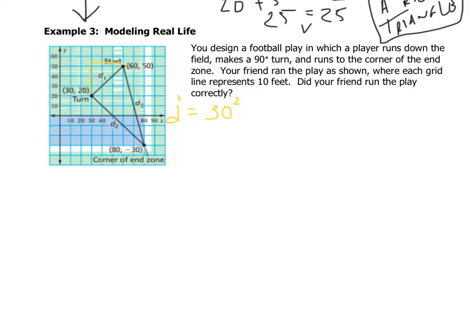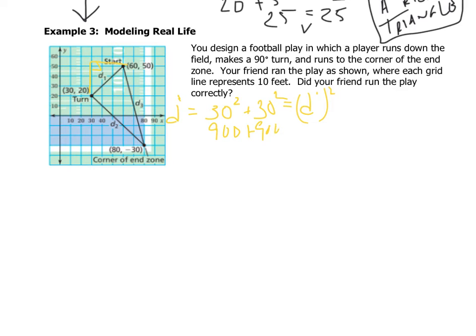And if I go this way, 1, 2, 3, we now have that right triangle. That's another 30 squared. And that's going to give me D1 squared. That's the side we need. So 30 squared is 900.